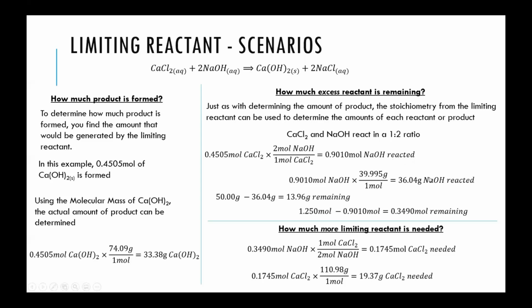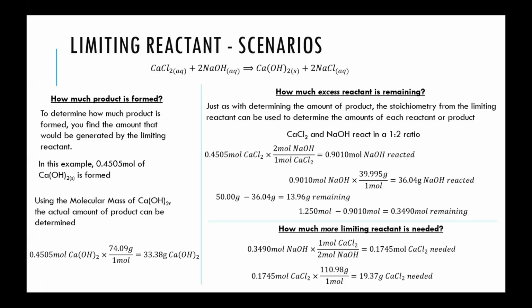So when you take that, multiply it by the molecular weight, you get how many grams of the sodium hydroxide actually reacted. And you can take this then, if you started with 50 grams total and 36.04 grams of sodium hydroxide reacted, then there is 13.69 grams of sodium hydroxide remaining that still can react, but it's leftovers.